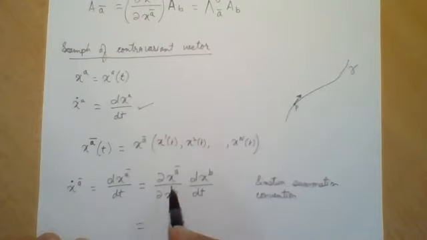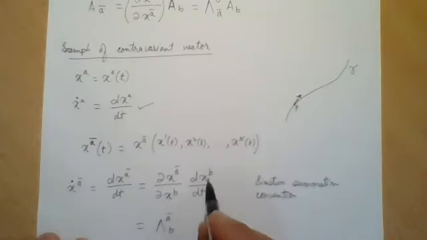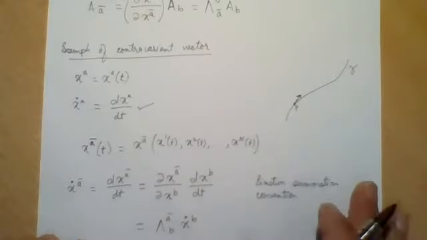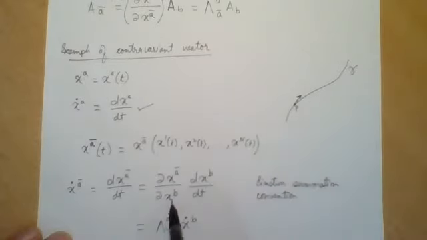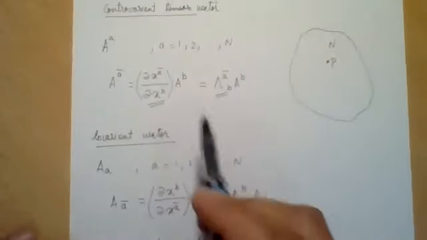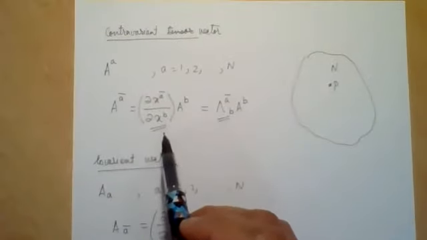And this we already know: del x a bar by del xb is nothing but gamma a bar b, and dxb by dt is x dot b. So when we compare this with the transformation rule for contravariant tensors, we find that they are the same.